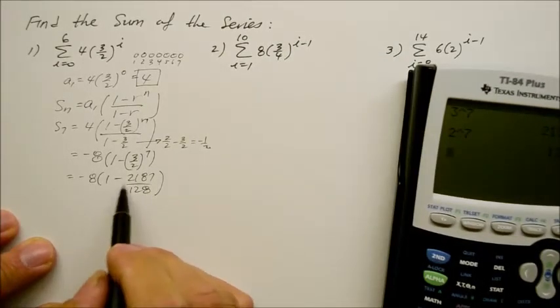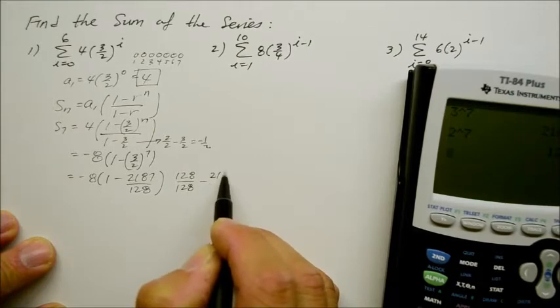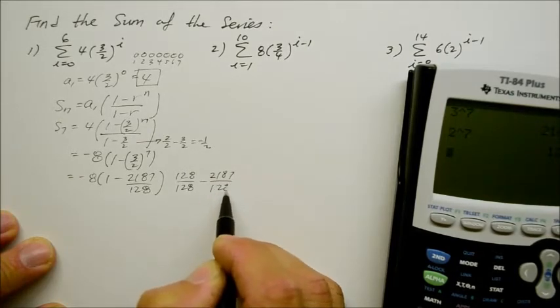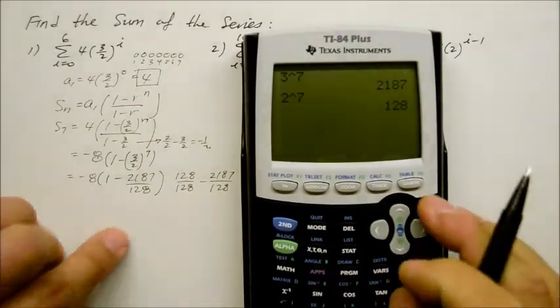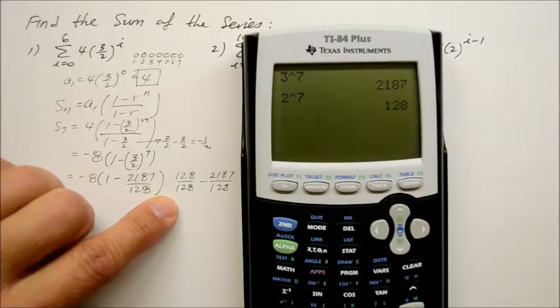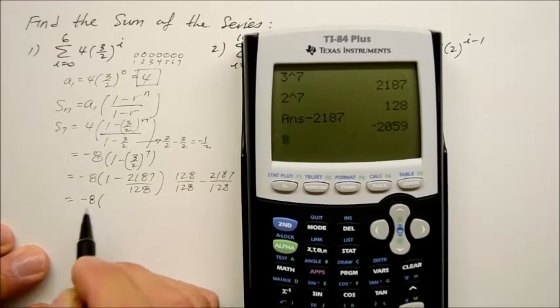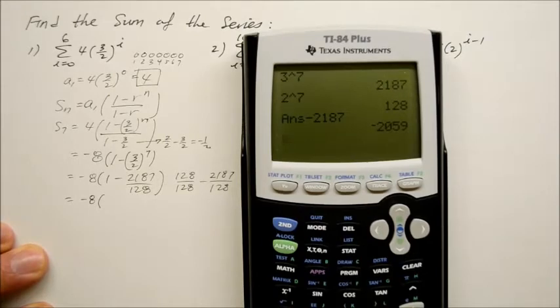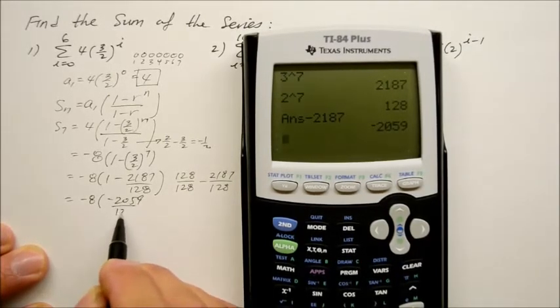And isn't 1 minus 2187 over 128 kind of like saying 128 over 128 minus 2187 over 128? Common denominator. And so when we go 128 minus 2187, we end up with a negative number of negative 2059 over 128.